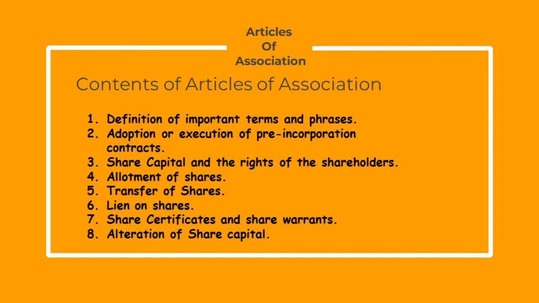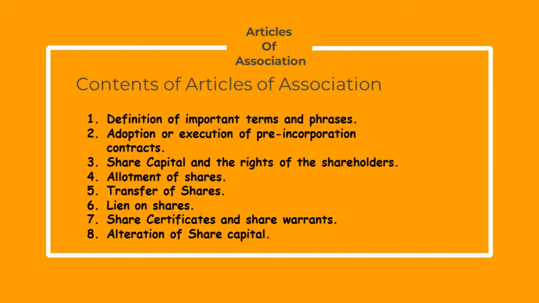Next, allotment of shares. How are you going to allot the shares? If the allotment of shares that has been prescribed in the articles of association is not followed, then it is ultra vires. So articles of association defines how you are going to allot the shares to shareholders. Now, procedure as to making of calls on shares.